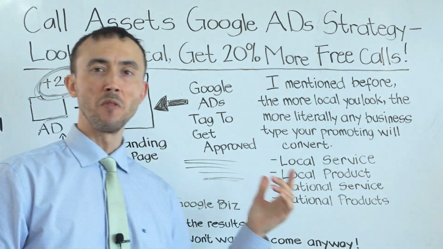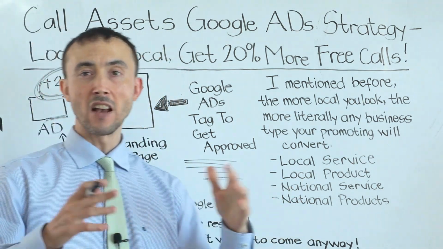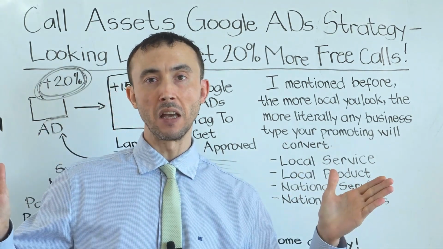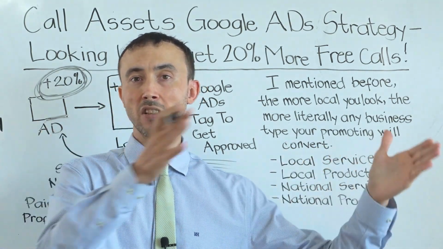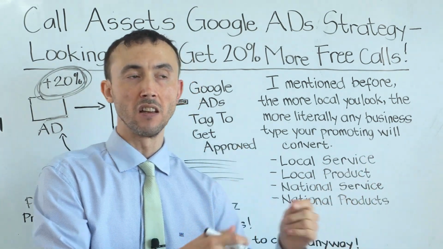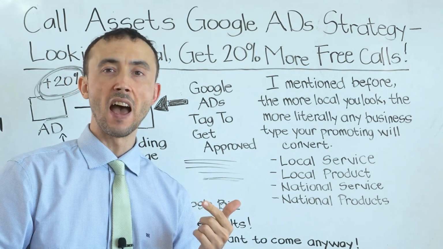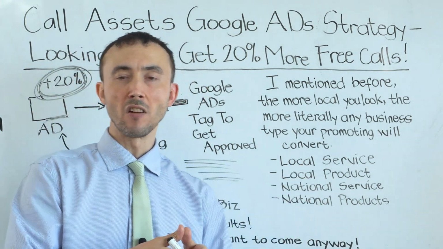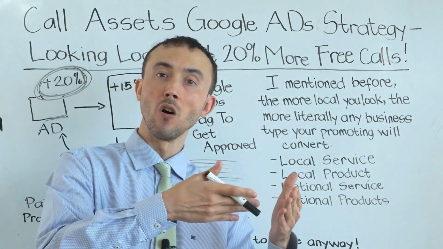I made a whole separate video about how for national services we'll have the campaign broken down into 50 different sub-campaigns, so that the ad can always say the user's state in it, because that's easy extra click-through rate you can get. This is just an extension of that, having a localized phone number for each person on the ad to make it look even more local and more believable.